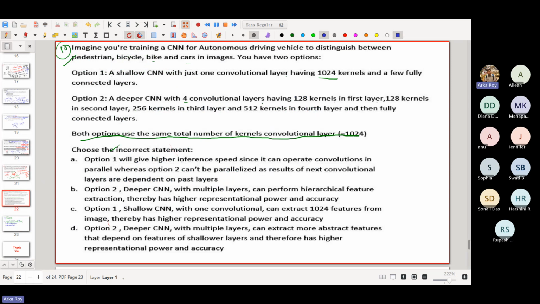First we need to choose the incorrect statement. Option 1 will give you higher inference speed since it can operate convolutions in parallel, whereas option 2 cannot be parallelized as results of the next convolution layer is dependent on the past layer. It is true.